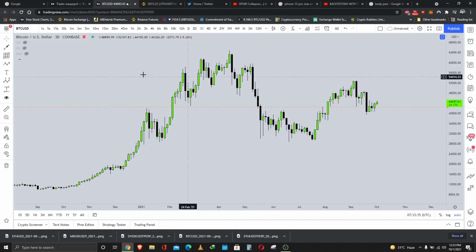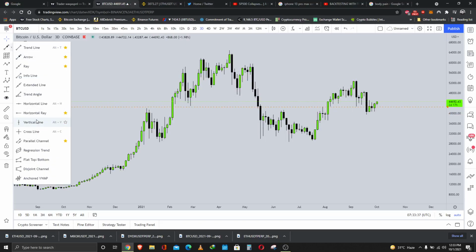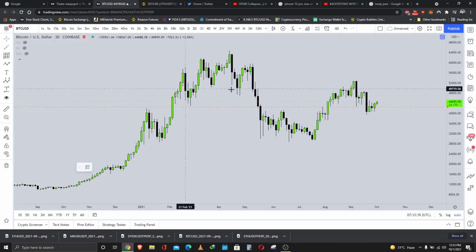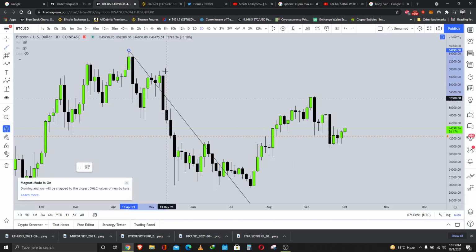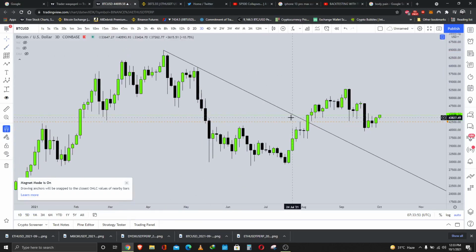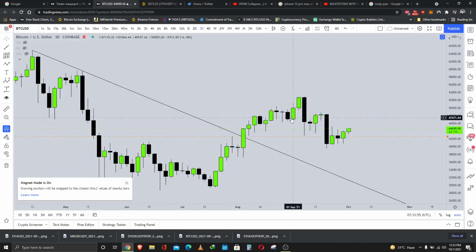And the important thing which I showed here is this trend line, and we have another trend line which we broke. And with the tips I'm putting, sorry, I'll put the tips in. This is the high and this is the low, and look at this. This is what I think that we are doing.